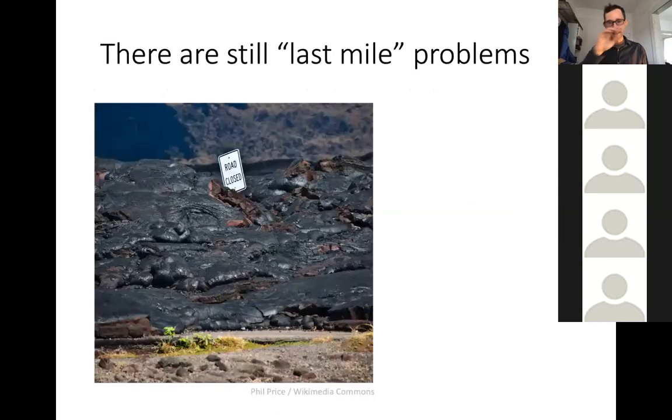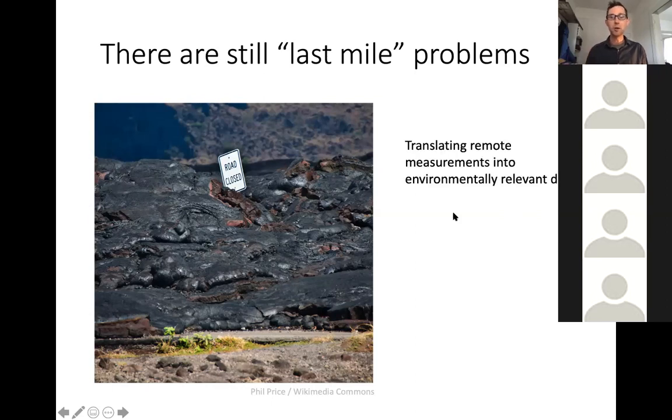Okay. But it's not all gravy, right? There are some issues that are still, unfortunately, pretty thorny, and I'll call them last mile problems. And there are really two that I'll highlight here. One is just that translating remote sensing measurements into environmentally relevant data isn't necessarily easy. So as a plant ecologist, I really care about plant physiology and plant cover and plant identity, right? But that's not, for the most part, what we directly observe using remote sensing.